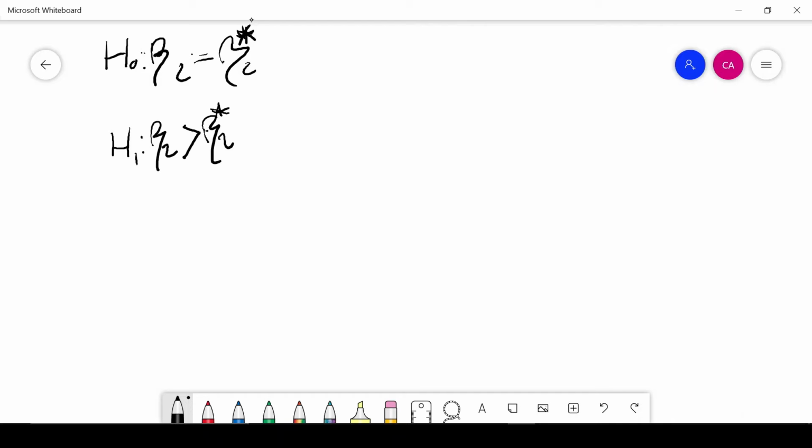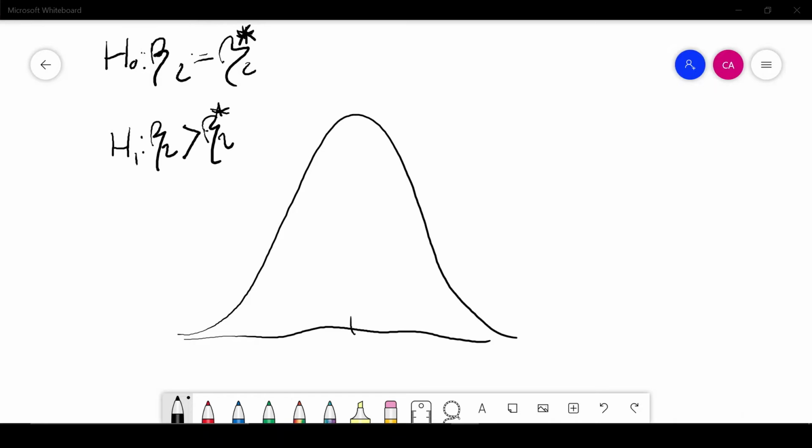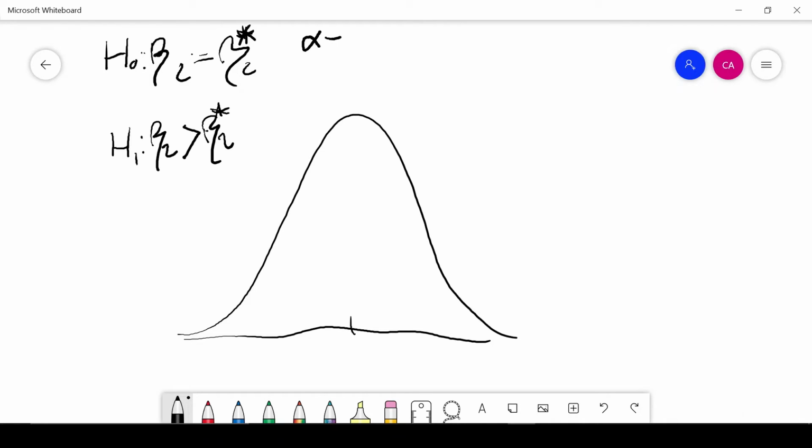So graphically, we can depict this situation as follows, and I'm going to keep it as abstract as possible. And let's say that we are doing this test at significance level alpha equals 0.05.